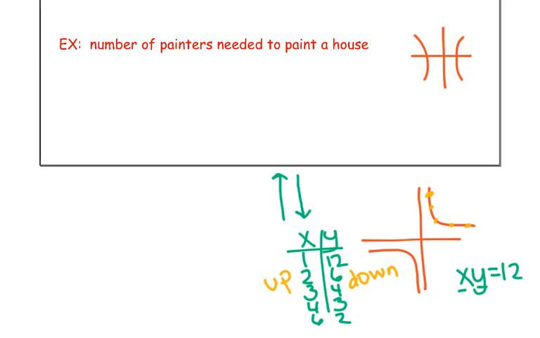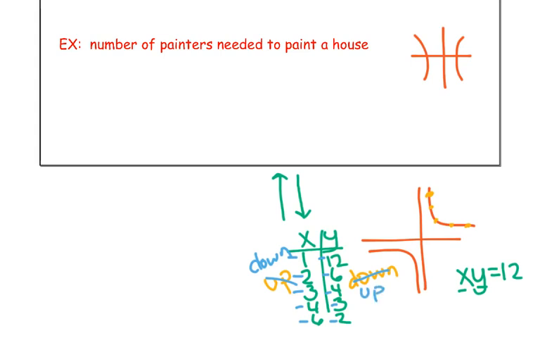Now, don't forget, what could happen here is I could have -1 and -12, -2 and -6, -3 and -4, -4 and -3, -6 and -2, in which case your x values would be going down and your y values would actually be increasing.